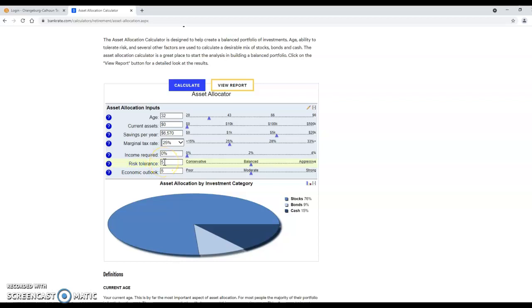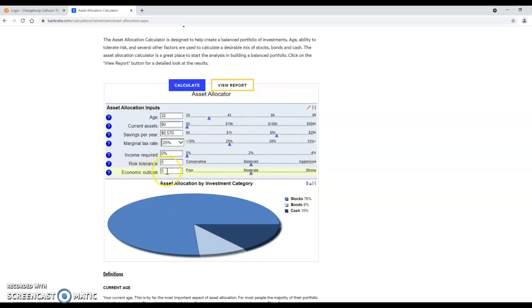So in here, the risk tolerance is at 5, which is in the middle. It goes 0 to 10: 0 if you're most conservative, and 10 if you're real aggressive. You can put whatever you want for the project. There's no exact right answer for these asset allocation things, as long as you can explain what you did and why you did it that way, it'll be all right.